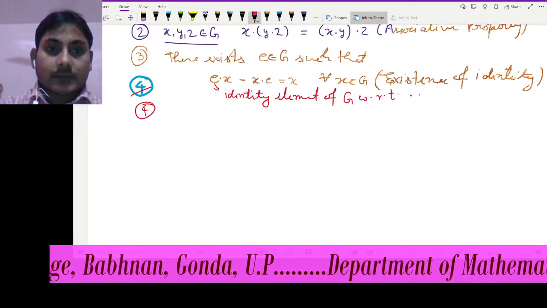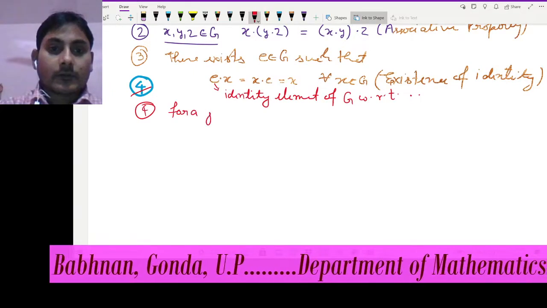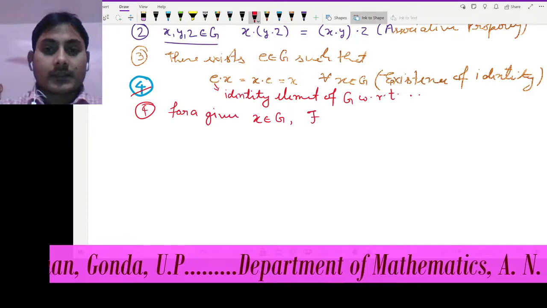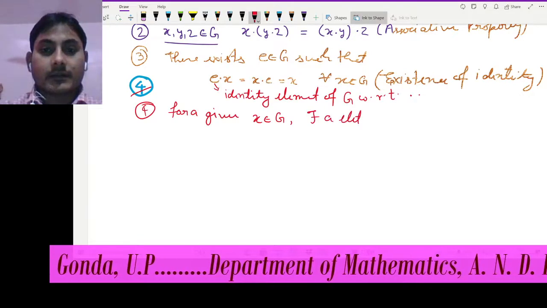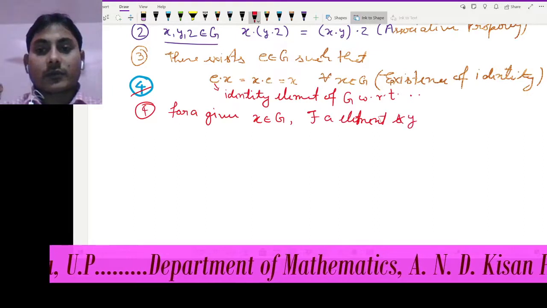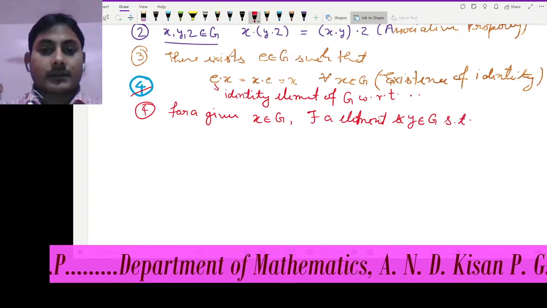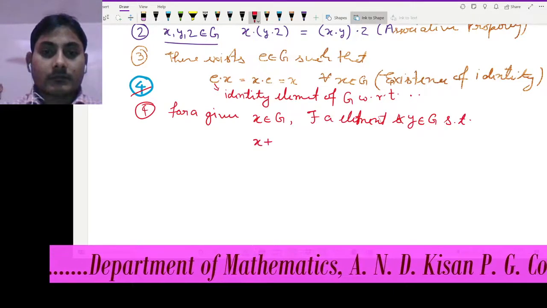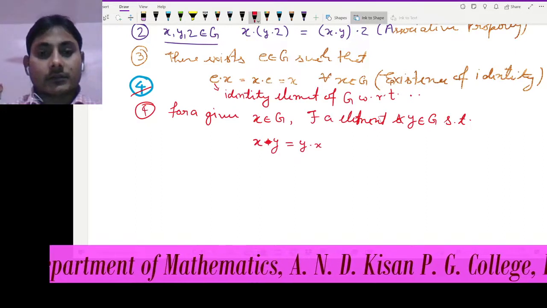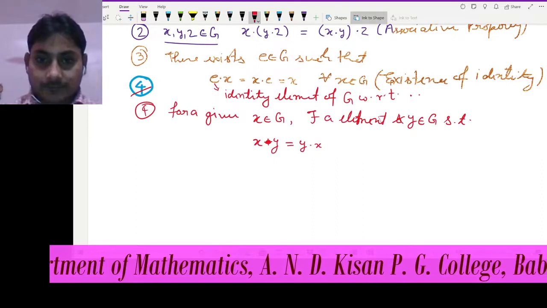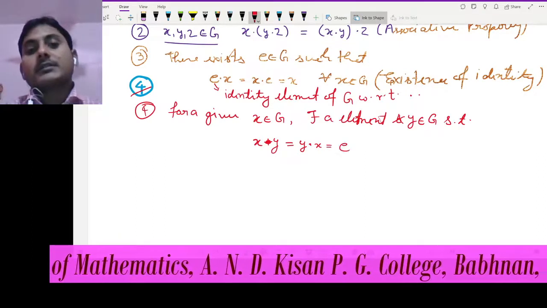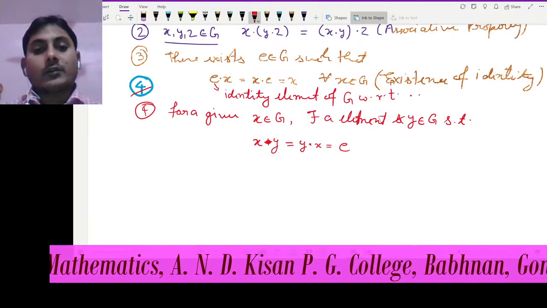The fourth one says that for a given x belonging to G, there exists an element y belonging to G such that x dot y is equal to y dot x, equal to the identity element.